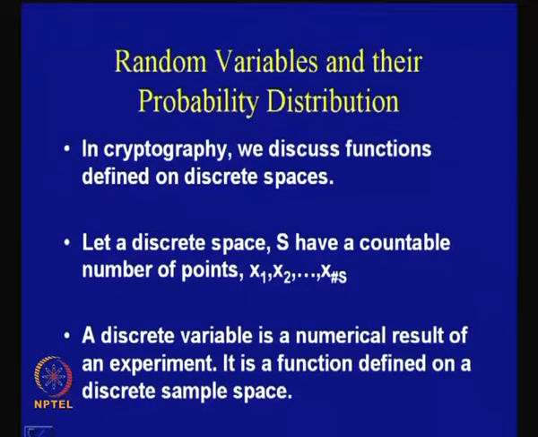From all these possible values we try to find those binary values which end with 0. So we define an experiment, and this is the function which is defined on a discrete sample space.